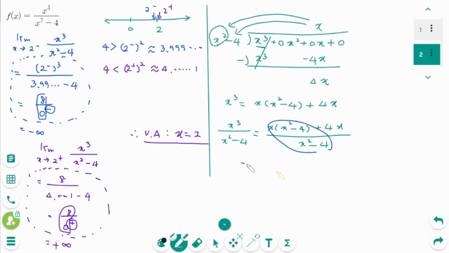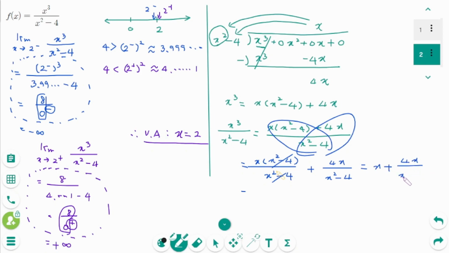Separate: x times x squared minus 4 over x squared minus 4, plus 4x over x squared minus 4, equals, after cancelling, x plus 4x over x squared minus 4.